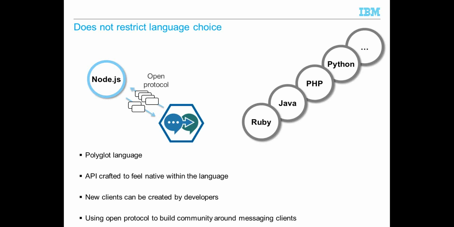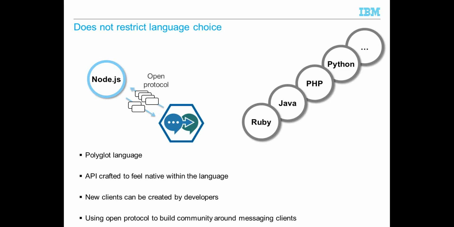So things like Ruby, Java, PHP, Python are all areas that we're looking to have specific MQ-like clients for. And in all of these languages, we want the API to feel natural, feel native in that language. So if, for example, you are a Node expert, the Node MQ-Lite library should feel exactly like you would expect to see it in the context of writing a Node application, which may well be very different, say, if you're writing a Java or PHP application.